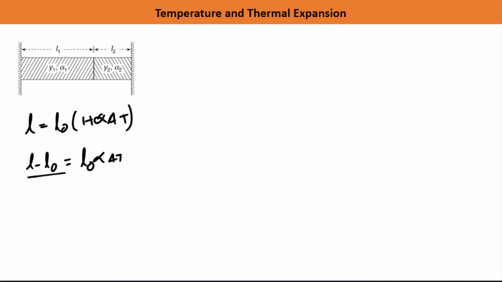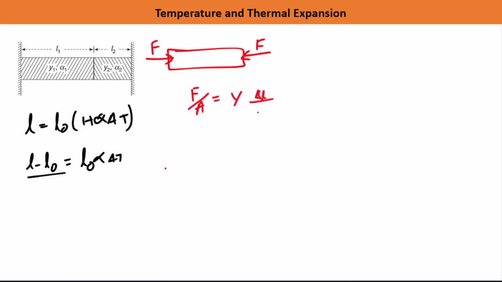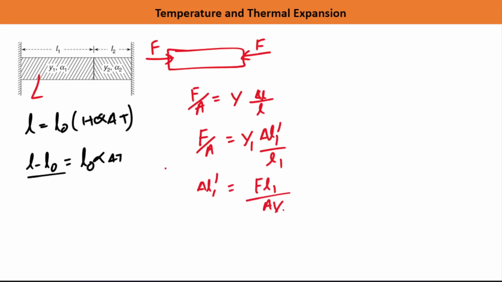Now let us calculate this length change happening because of this compressive stress. So first, for this, if you write, तो देखो यहाँ पे फोर्स F लगा है, यहाँ पे F लगा है, and force per unit area, आप क्या लिखते हो? Gamma delta L by original length, right? सो फर्स्ट सेगमेंट के लिए मैं लिखने जा रही हूँ, force by area is equal to gamma 1 into delta L1 dash divided by L1. So delta L1 dash will be F L1 by A gamma 1, and similarly, what will be your delta L2 dash?